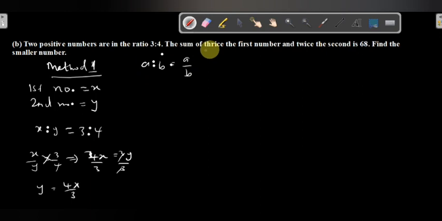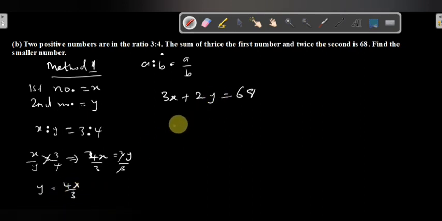So we'll now go to the sum of thrice the first number and twice the second number. The first number is x, so we have 3x plus twice the second number, 2y, is equal to 68. From here, we're going to substitute this value for y.